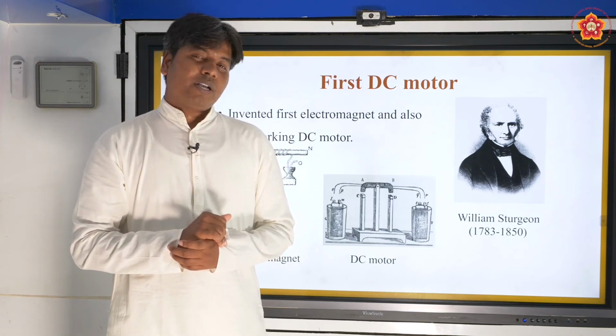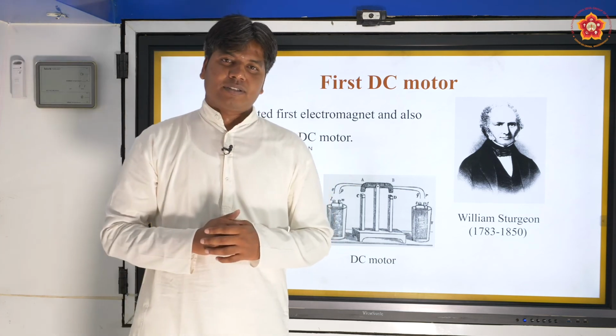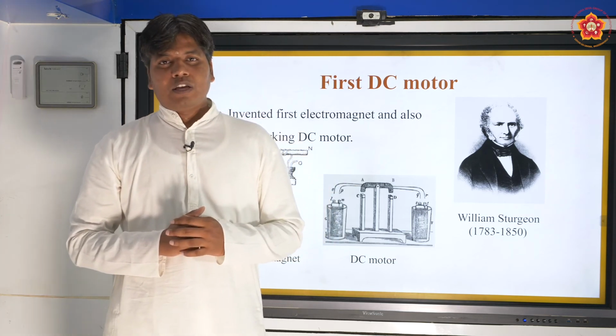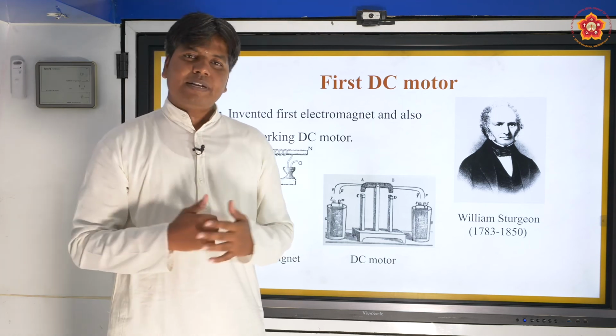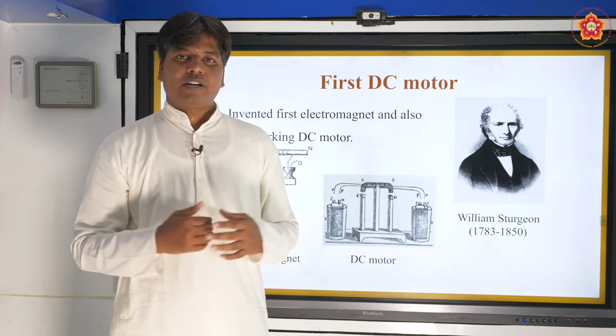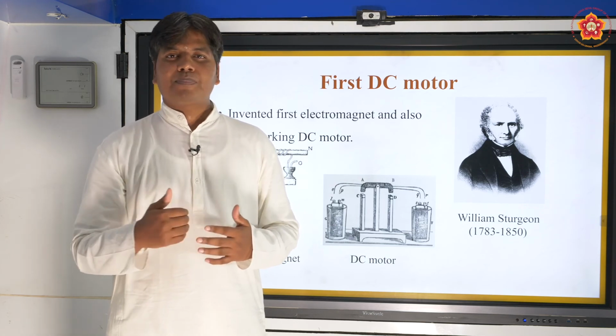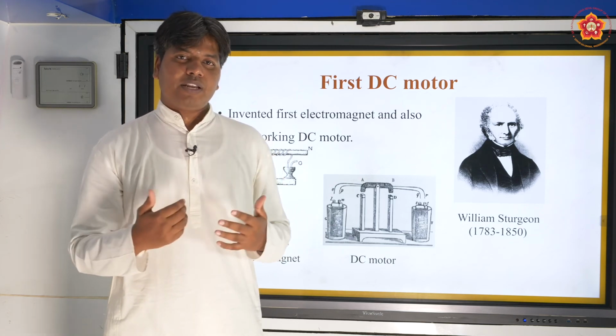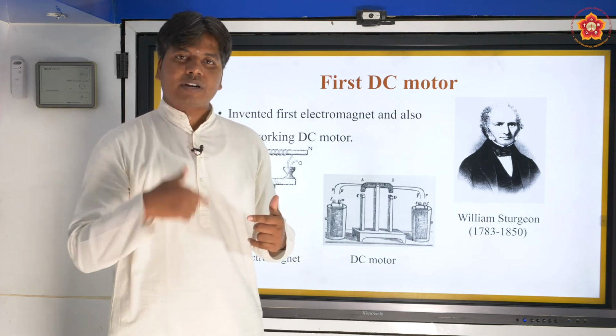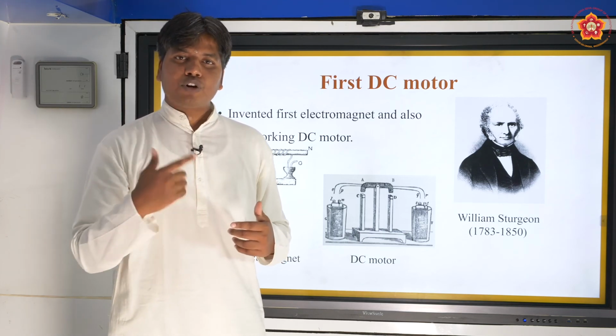Now, what are the uses of this motor? You can see, if you want to print any material in a large quantity, you want to spread a newspaper, you want to run a printing press, what do you need? You need something that keeps on running, right? That keeps on rotating very fast.